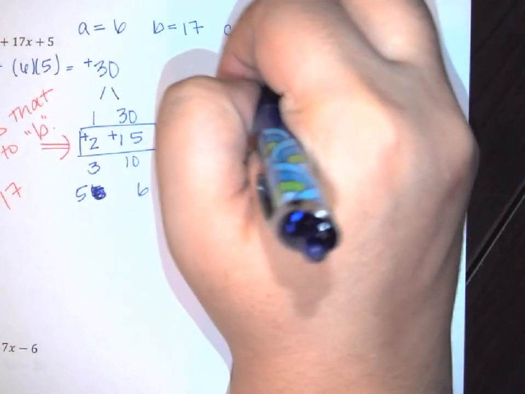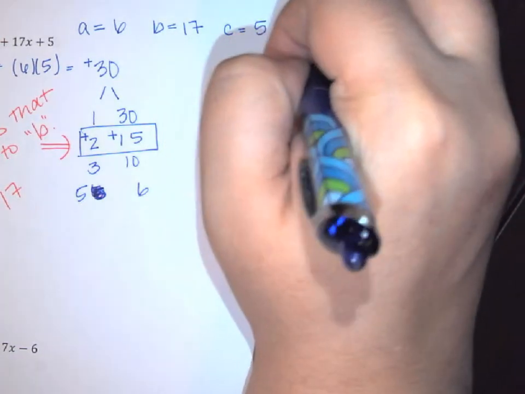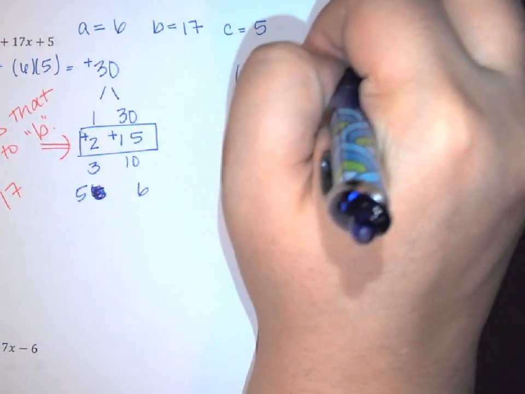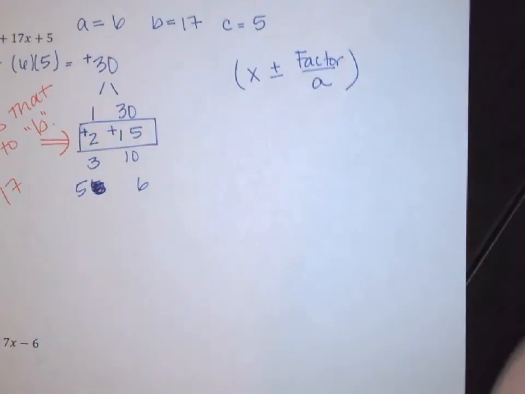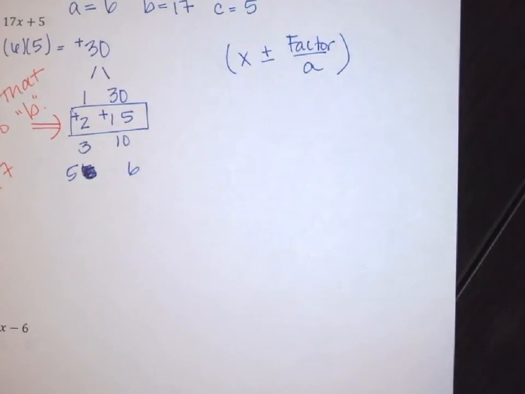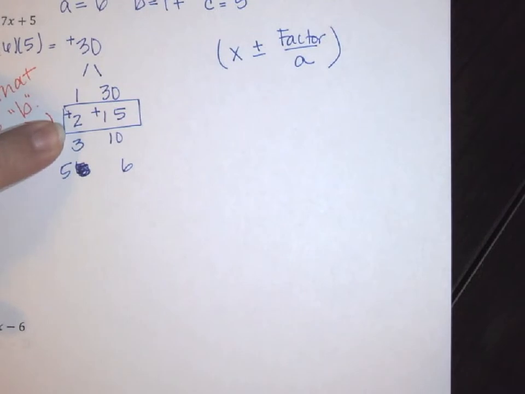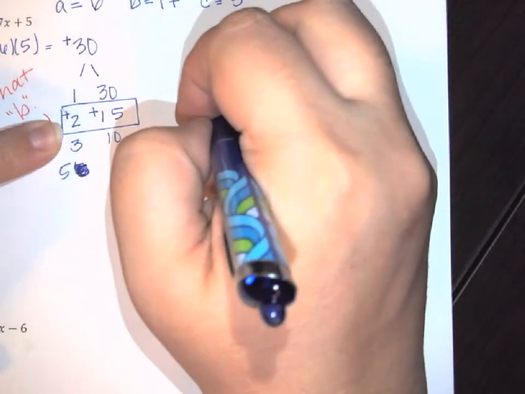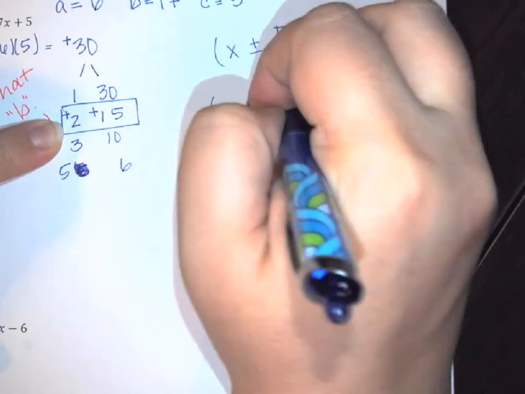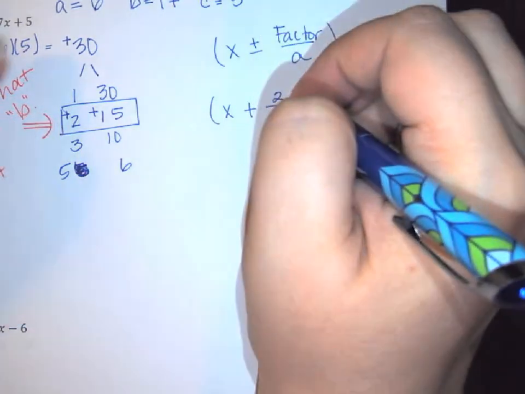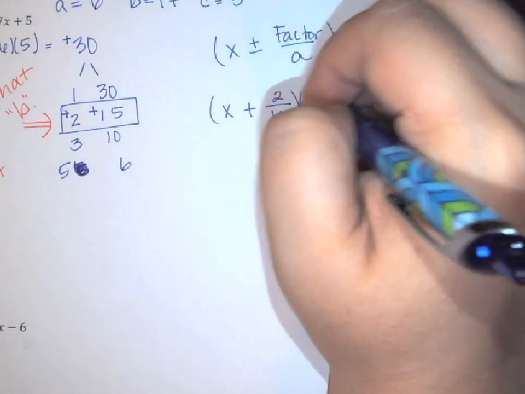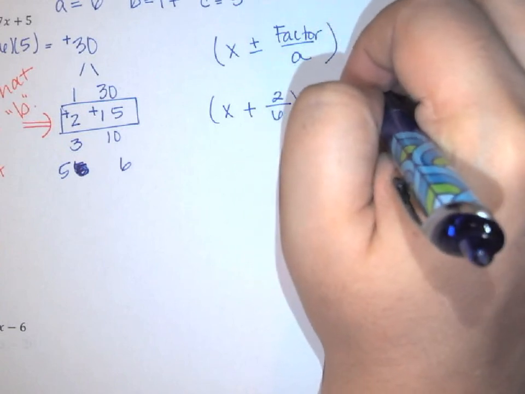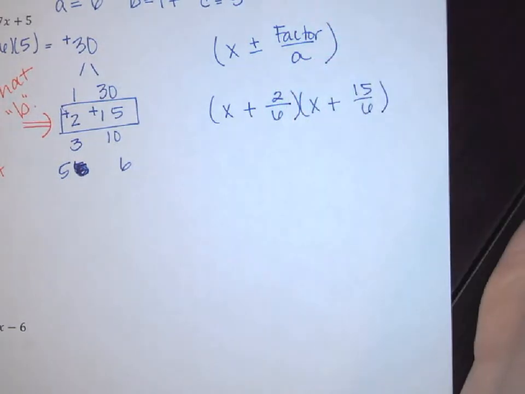So we are looking at x plus or minus your factor over the a term. Okay? So we have to plug it in. My factors are 2 and 15. So this is x plus 2 over 6 times x plus 15 over 6. Remember your a was 6.